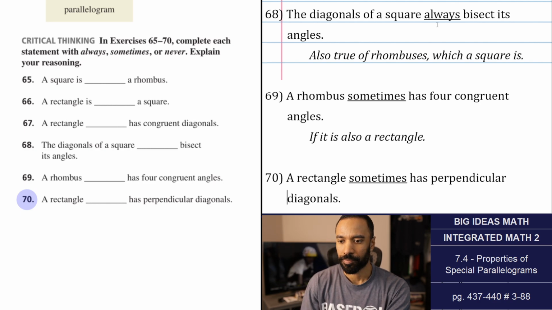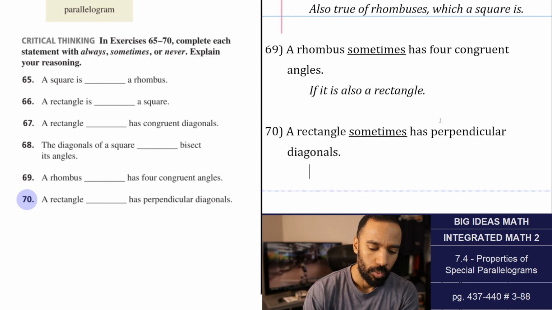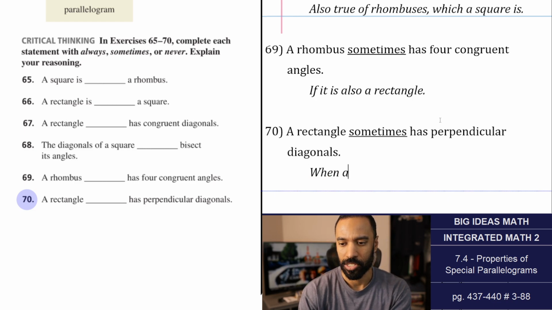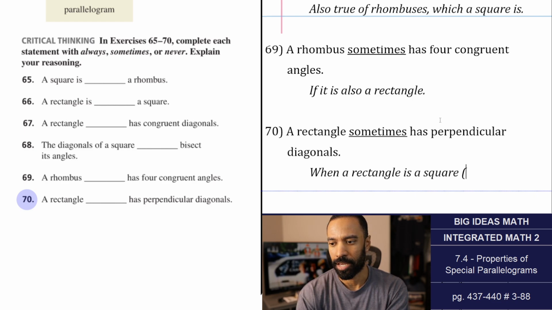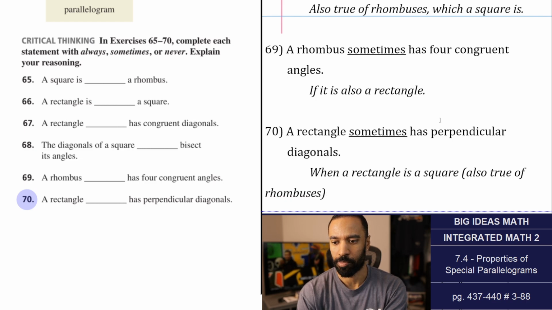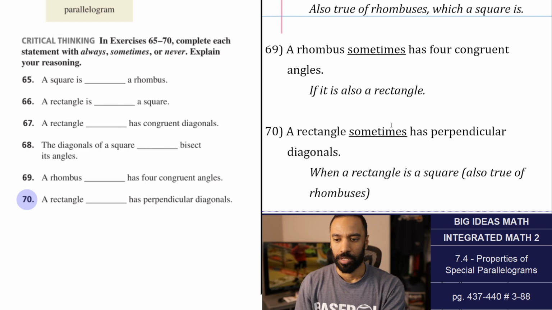So this is only true when a rectangle is a square, because it's also true of rhombuses. I kind of said that once before, because that's when that would happen.